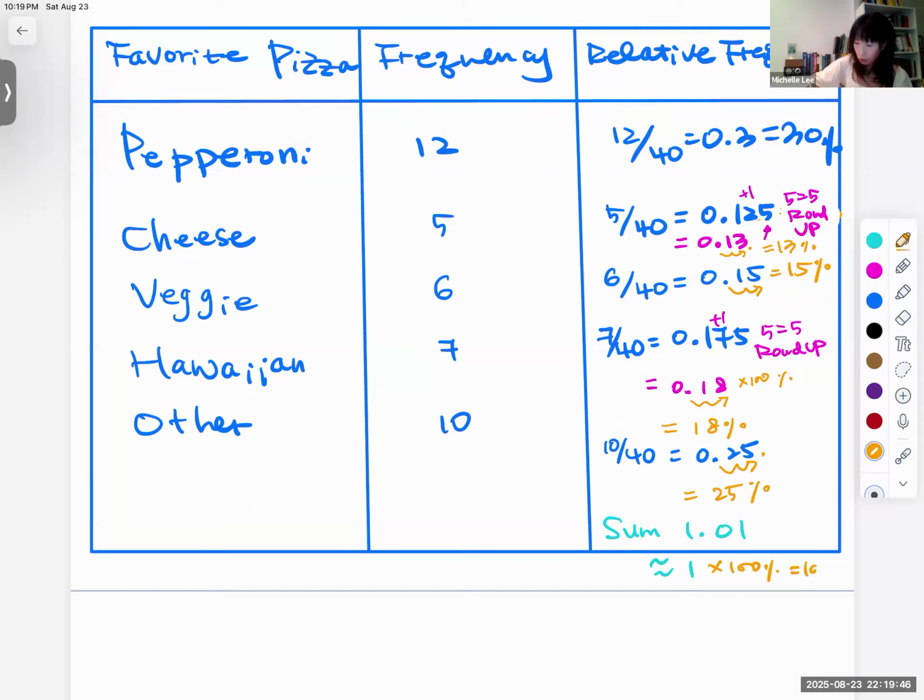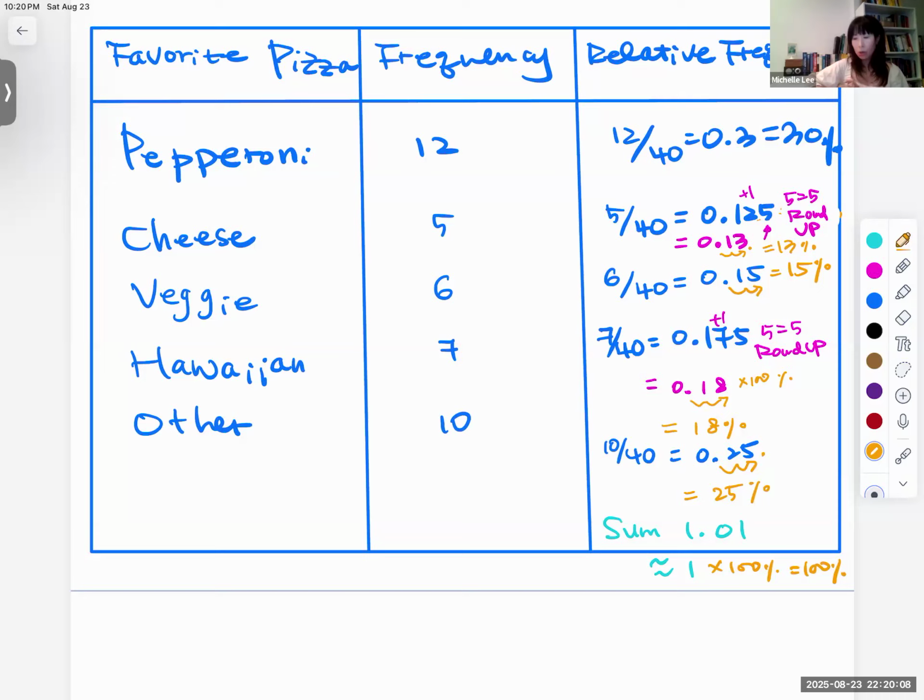So that will be 100%, right? So relative frequency will be all the time 1. If we express as a number, that's the 1. Decimal is a number, right? Or if we express as a percentage, that is 100%.